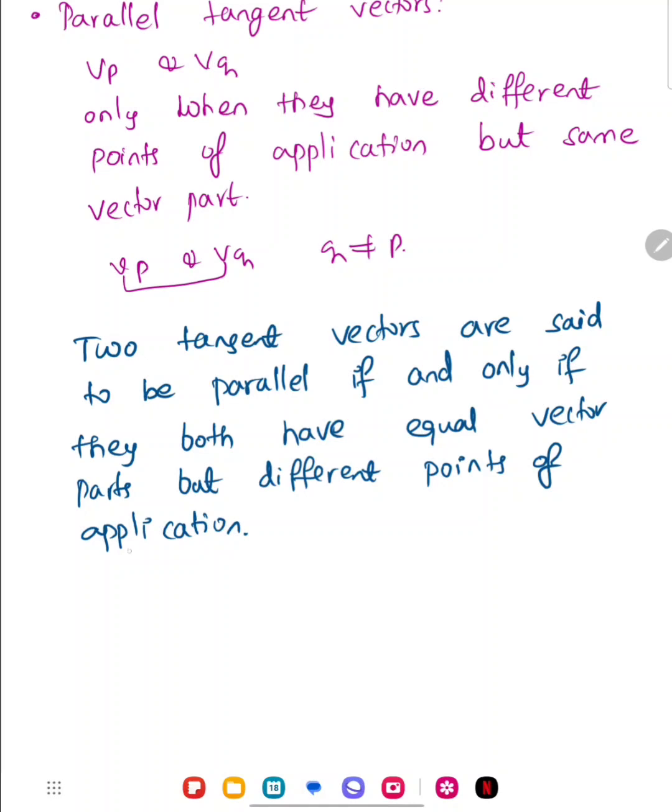Here it should be noticed that P is not equal to Q. It should be remembered.